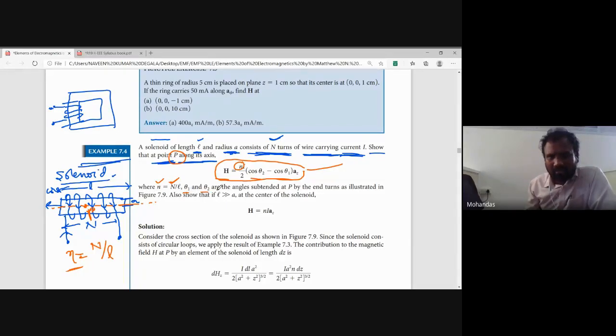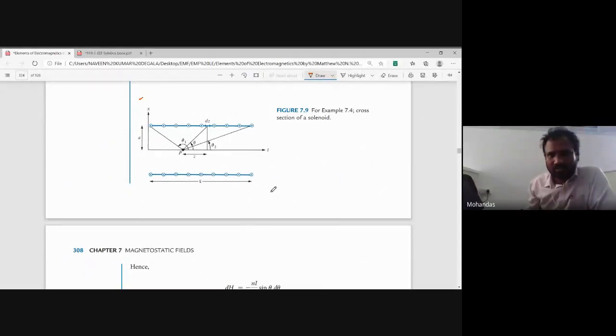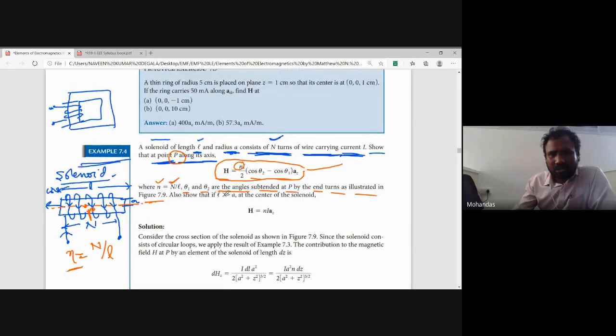Theta 1 and theta 2 are the angles subtended at P by the end turns, as illustrated in figure 7.9. This is the figure, so don't be confused by it. I will tell how this figure is drawn. This is a cross-sectional view of the solenoid. Theta 1 and theta 2 are the angles subtended at P, the field point, made from the solenoid ends.